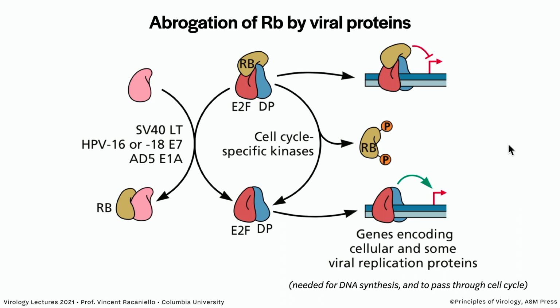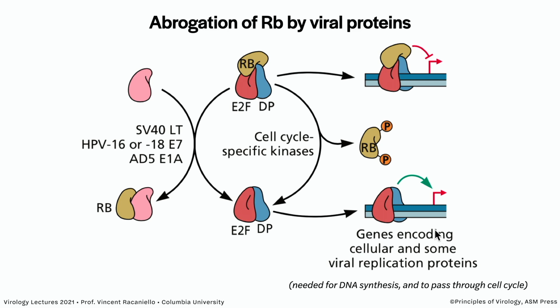So the cell control is mediated by RB sitting on these promoters, and that's how it works as a checkpoint. So again, these are genes encoding replication proteins of the cell that allow the cell to synthesize DNA and to divide, go through mitosis.